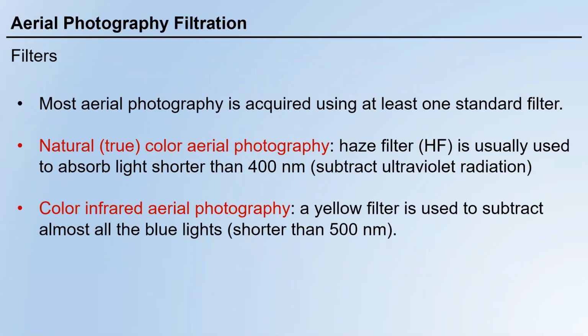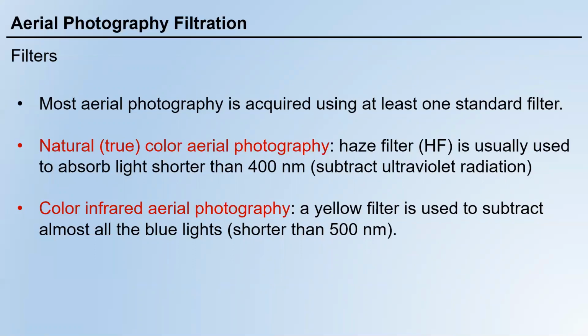Okay, most aerial photography requires using at least one standard filter. For example, for natural or true color aerial photography, we use something called HF, the haze filter. It is usually used to absorb light shorter than 400 nanometers. It's in the range of violet, very close to blue.